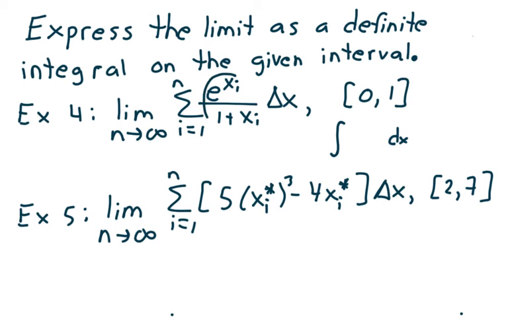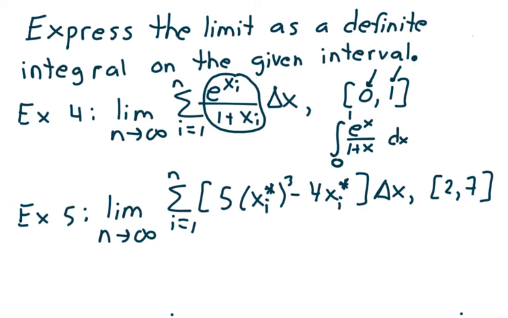And this is the function that I'm going to be managing, okay? And so I'm going to get e to the x divided by 1 plus x. Now, I'm going to integrate. My lower limit is going to be 0, and my upper limit is 1, so I'm going to integrate from 0 to 1. That's it.